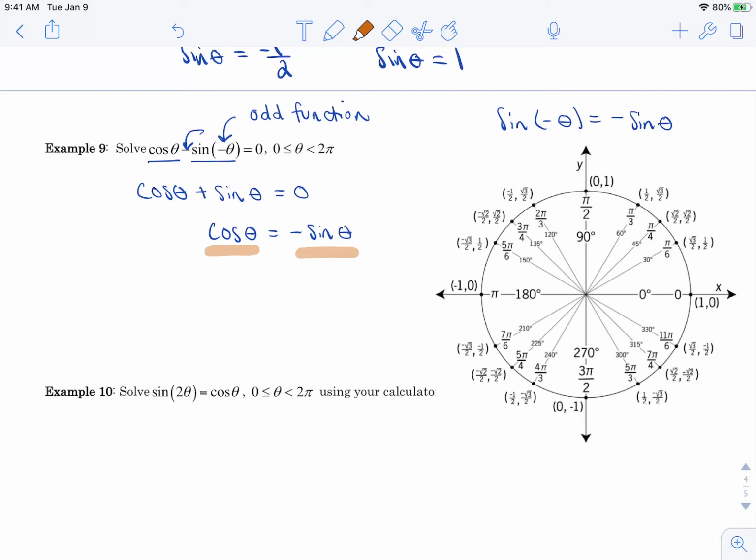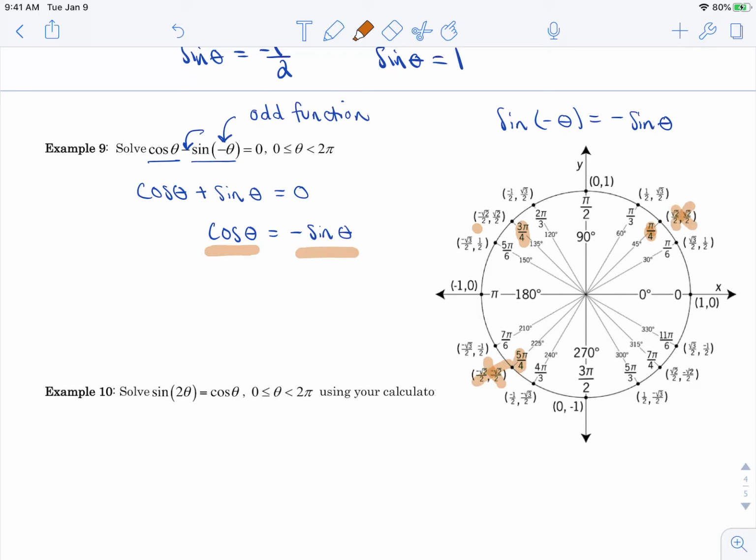Well, these are the same at pi over 4, but they're not opposite, so that doesn't work. But if I'm here, these give out the same values and they're opposites, right? So that would work. Here, nope, because they're both negative, so that doesn't work.